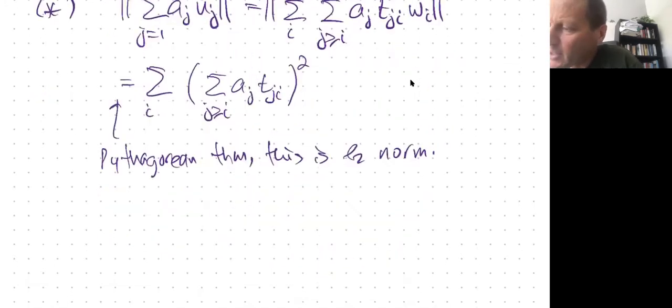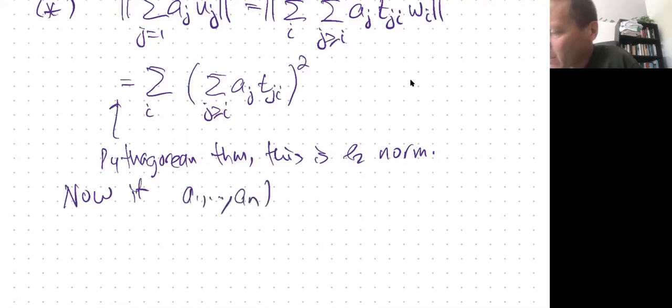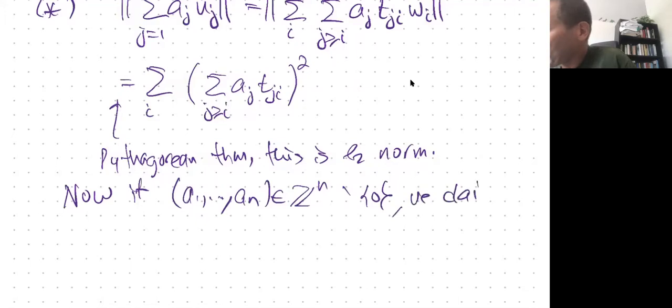Okay, now let's suppose the Ai's are not all 0. I'm claiming the following formula.